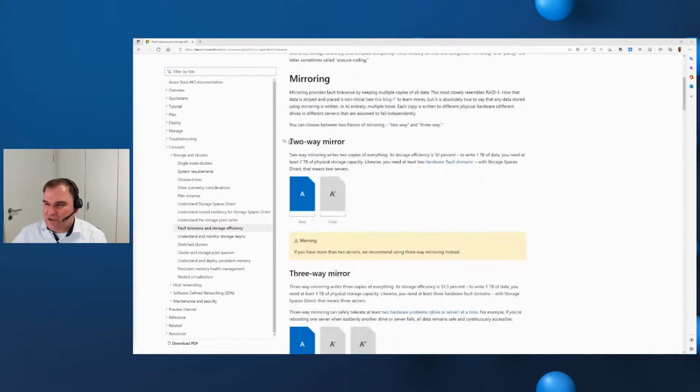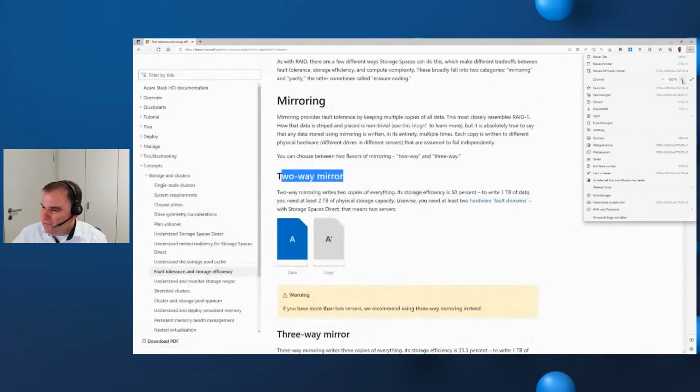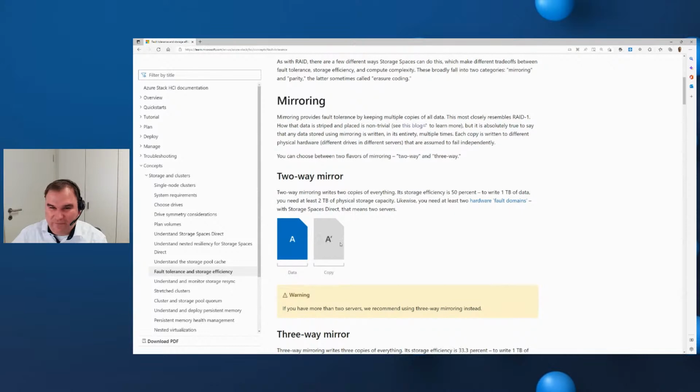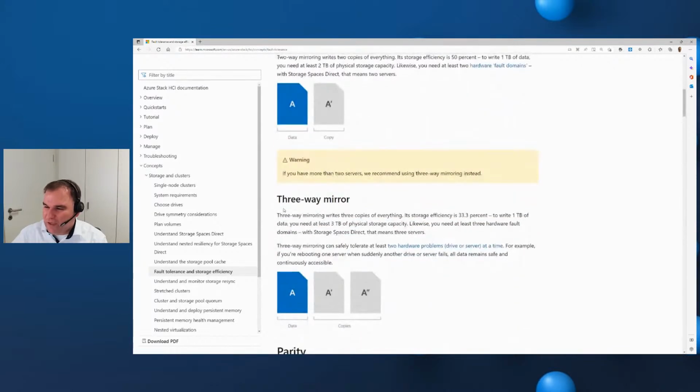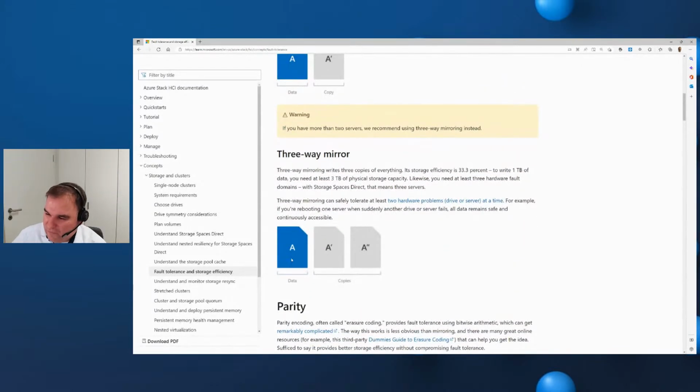So for example, a two-way mirror. This creates for each original extent one copy. So here we have the extent A and we have the copy of A. When we have three servers, we have the original and we have two copies, copy 1 and copy 2, for each extent.